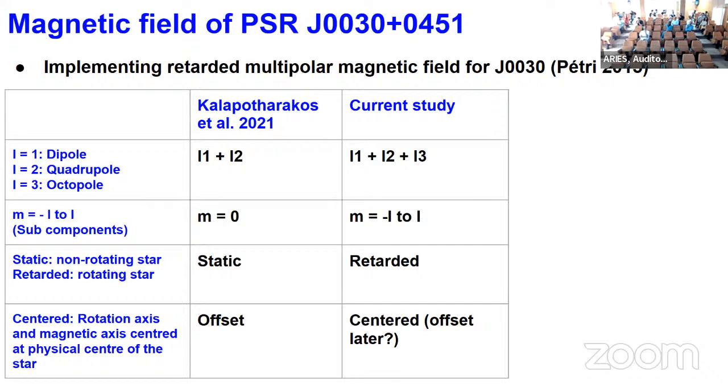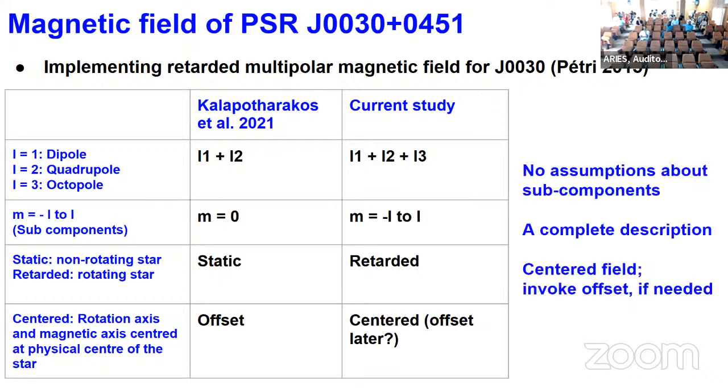I put offset later with a question mark because we start with centered. If we find that for this source or the next source a centered field is not working out, we can put an offset in our field. That can be done, but we want to see what happens with centered. And let's see. Yeah, just for summary.